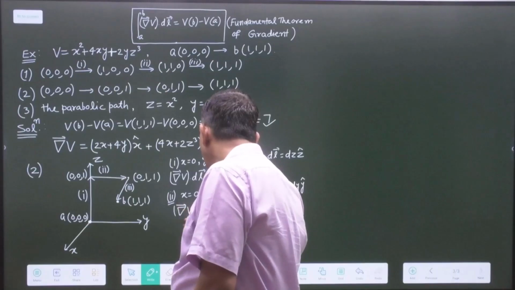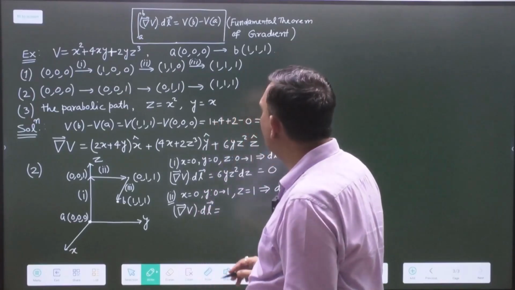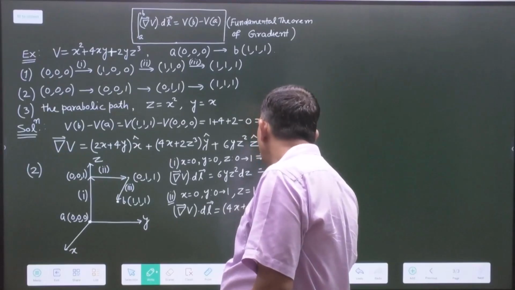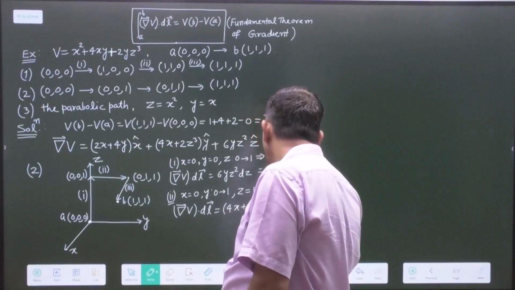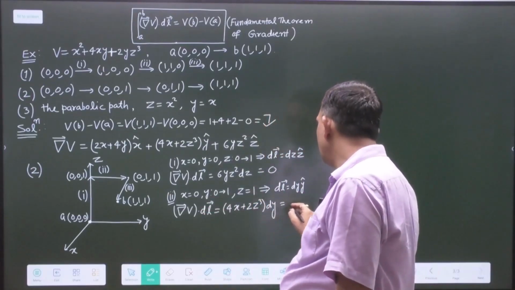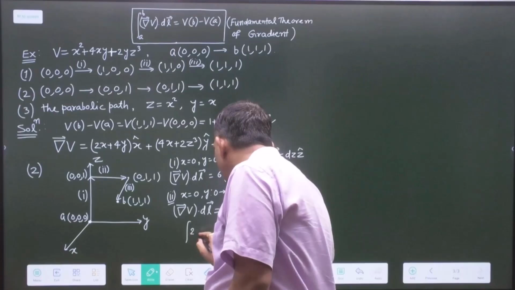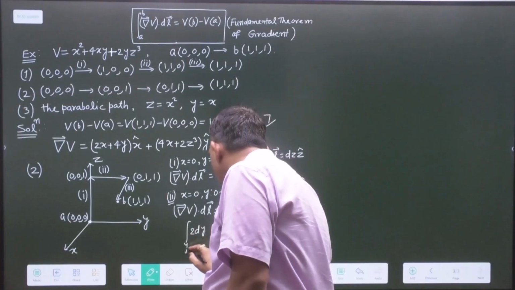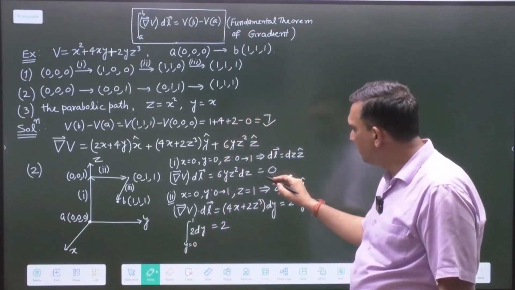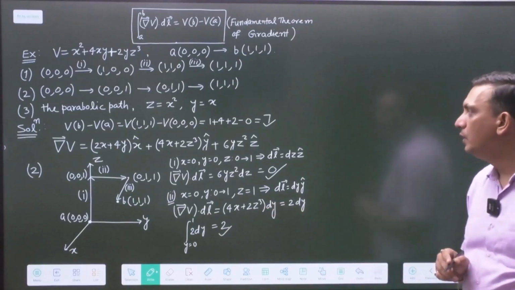So gradient v dot dl will be given by 4x plus 2z cube dy, and x is 0, z is 1, so this is 2 dy. So the integral of 2 dy for y from 0 to 1 is 2. So along segment 1, the integral is 0. Along segment 2, the integral is 2.